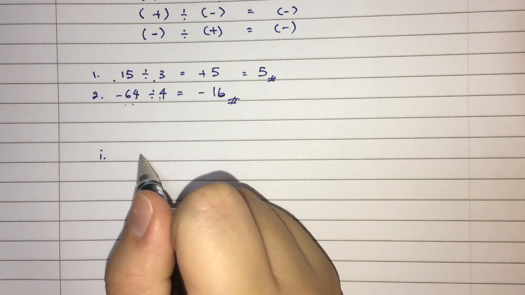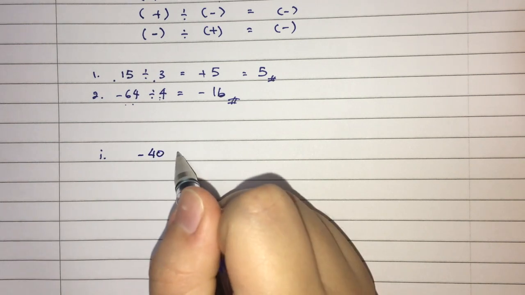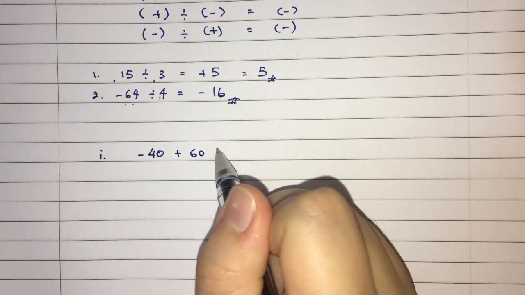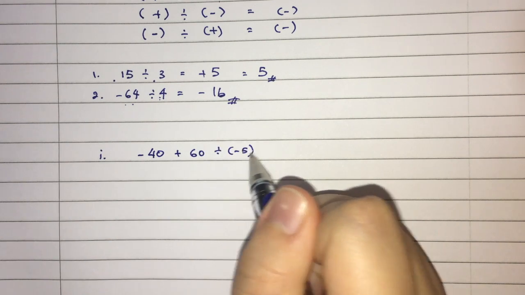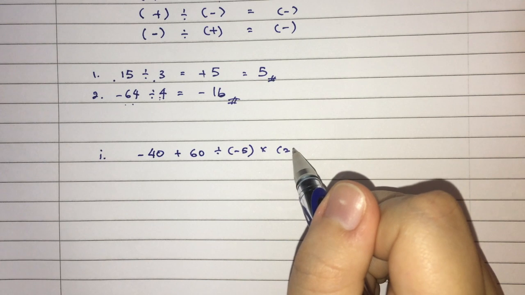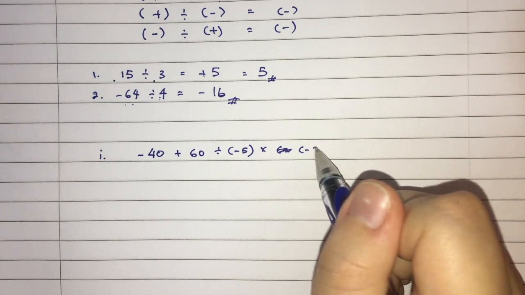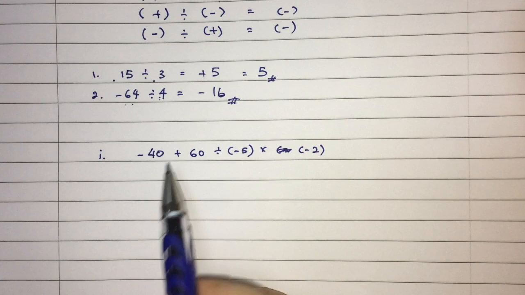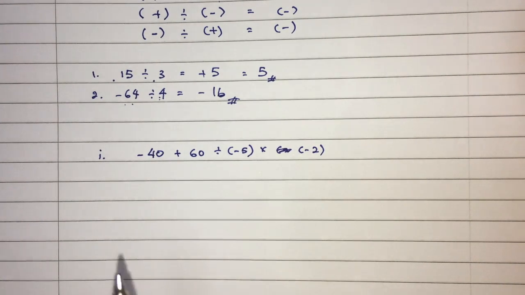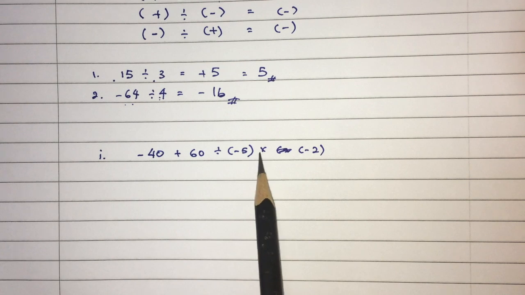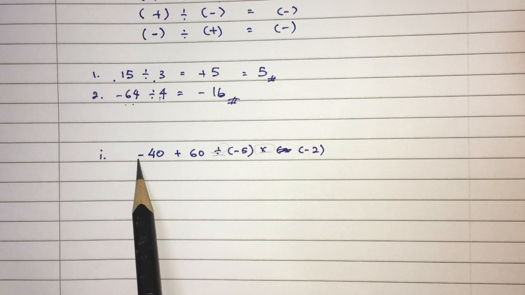Find the value of negative 40 plus 60 divided by negative 5 times negative 2. So how to do this? As we know, we have to do the multiply and divide first instead of the plus and minus.